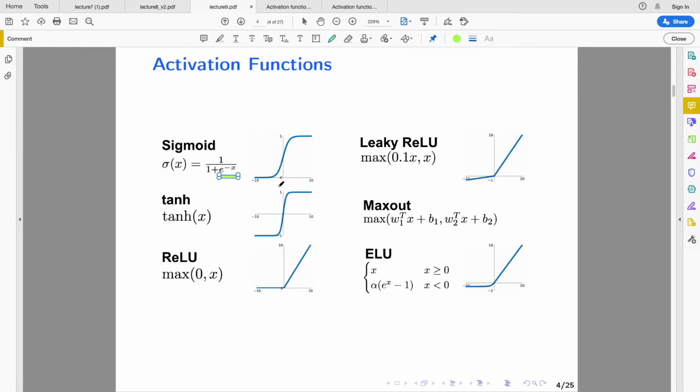Let's take, for instance, x equals 0. You can use a calculator to see what e raised to power 0 is. That will be 1 over e raised to power 0.